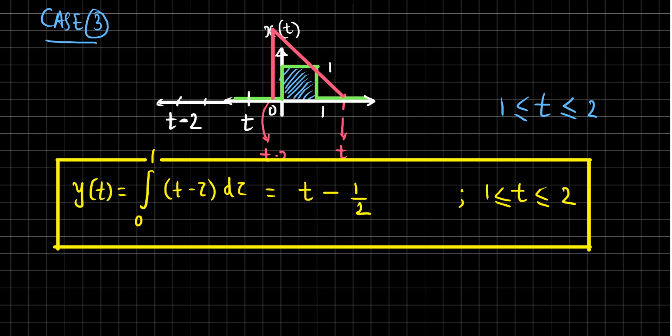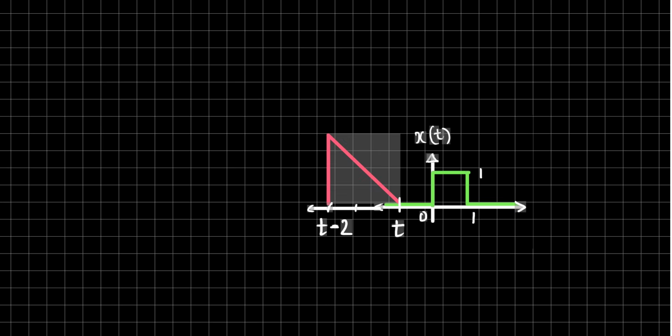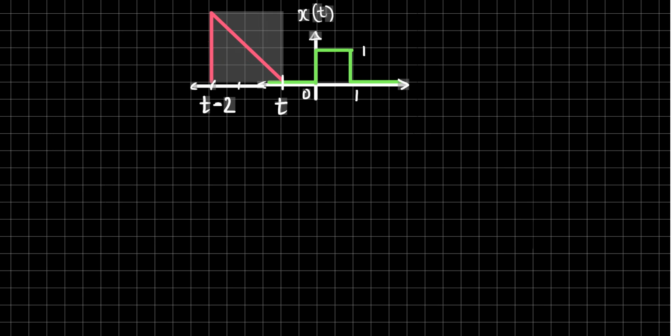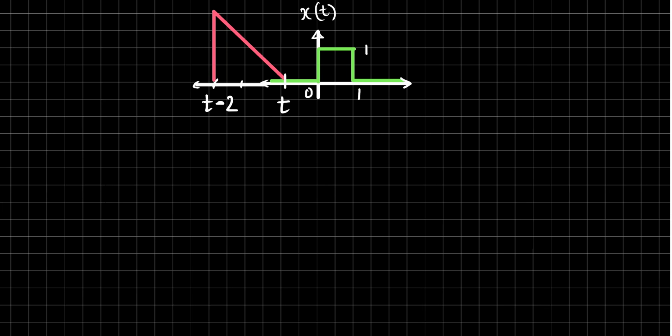Let's analyze the other case. So we are considering another case. So for that, let me consider the same signal. Now the overlap range that we are considering here is different.